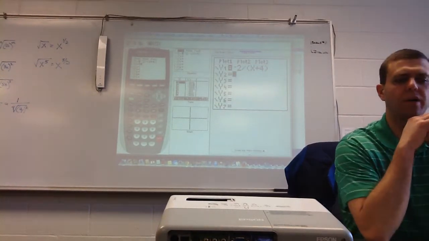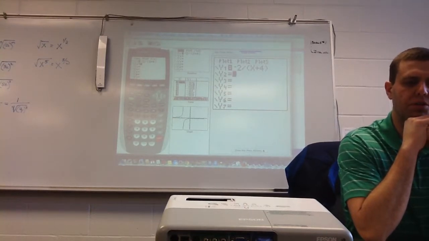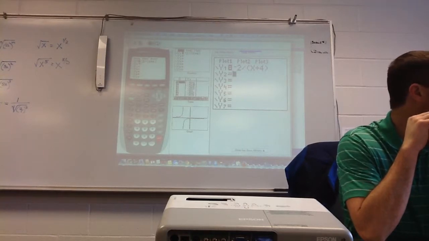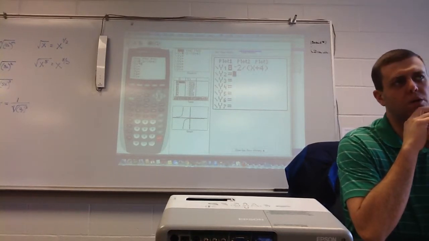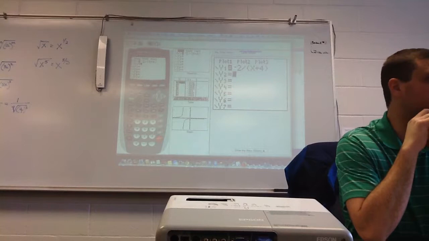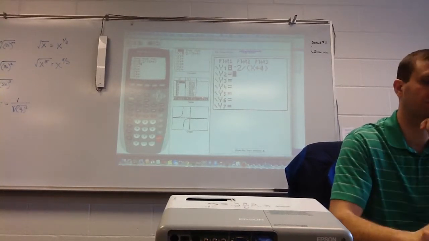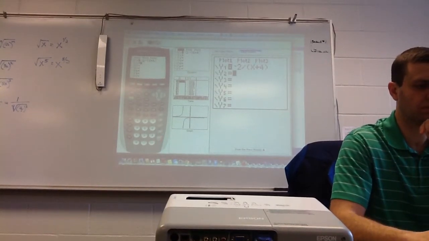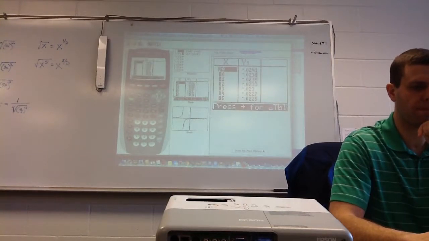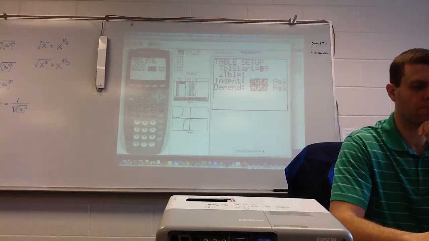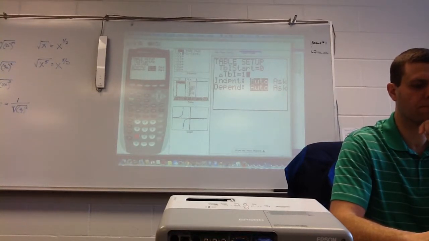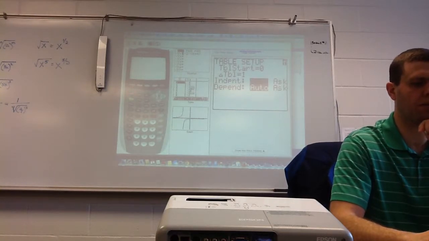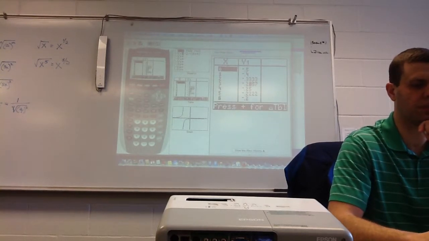So I enter the equation y equals -2 divided by the quantity x plus 4. To find my horizontal asymptote, what I usually do is look at my table of values. A lot of times your table of values will start around 0 somewhere. Okay?